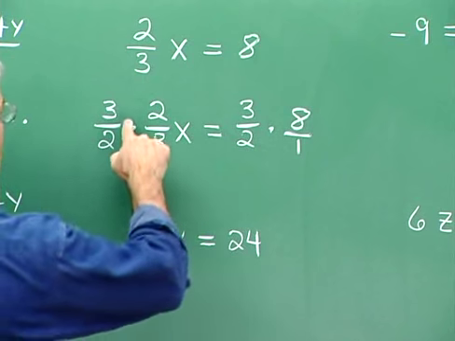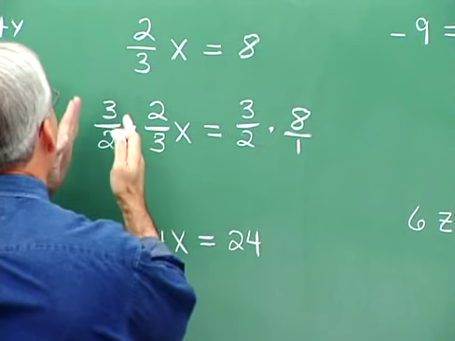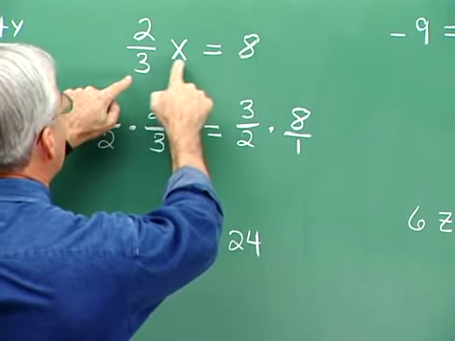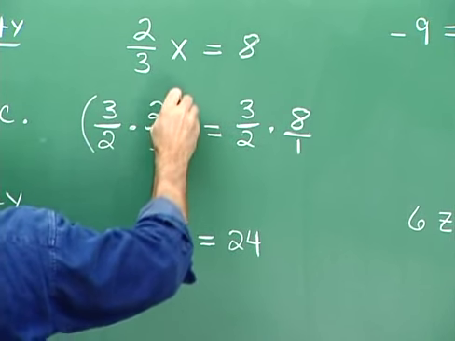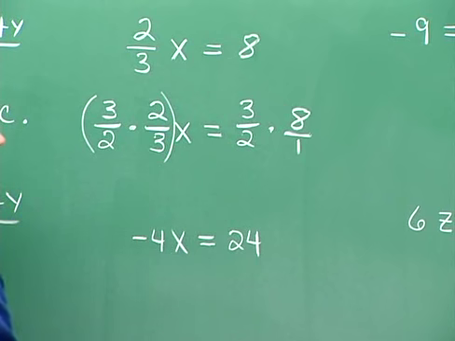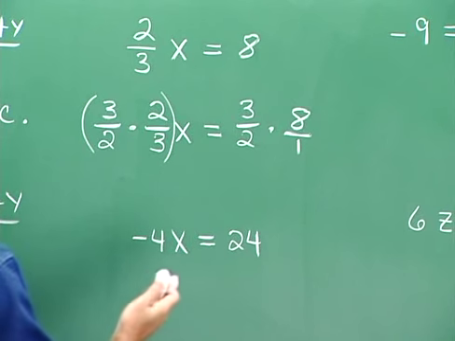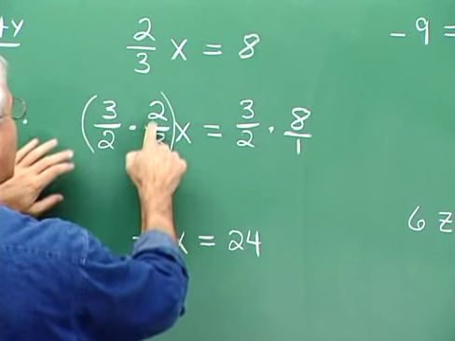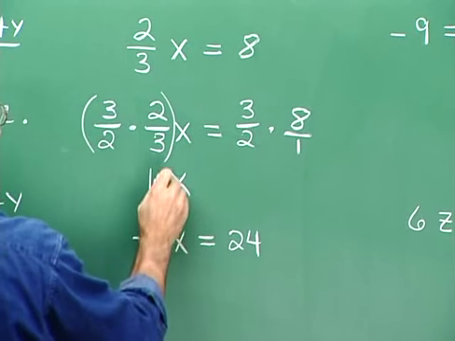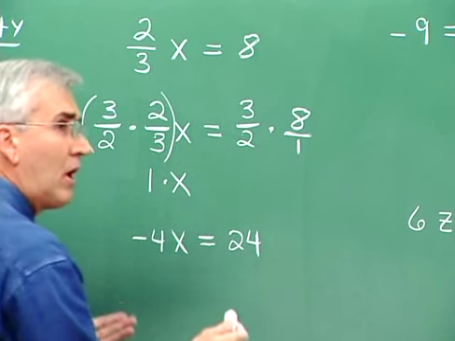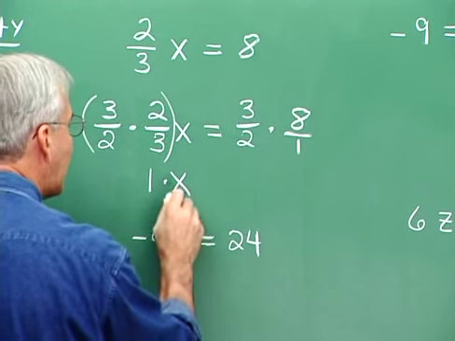But the notion over here is that we're introducing a factor. We have 2/3 times x here. We're thinking about it like this, using our associative property of multiplication. And 3/2 times 2/3 is simply 1. So this is 1x, and by that multiplication property, 1 times x is simply x.